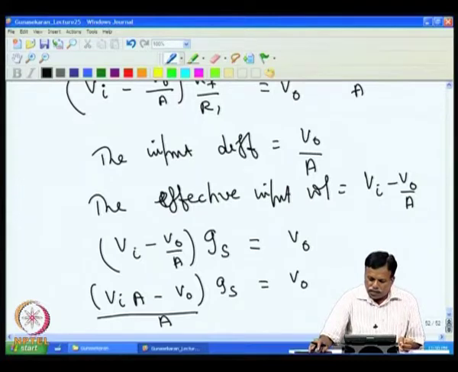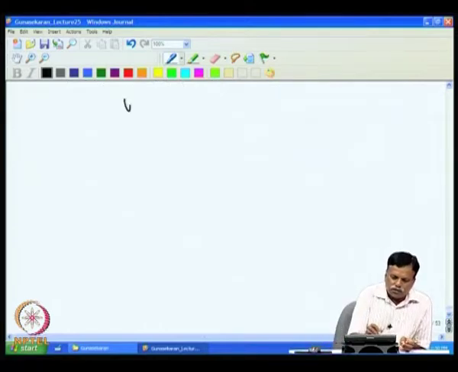Now, we can write the actual gain, V0 by VI, as the actual gain.